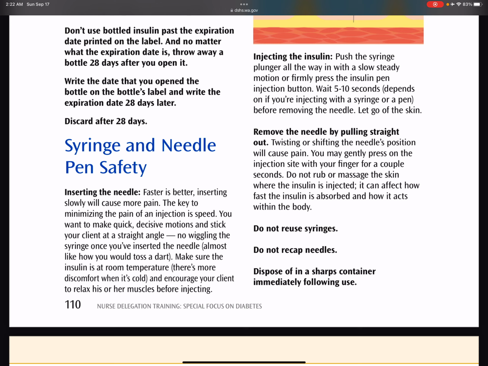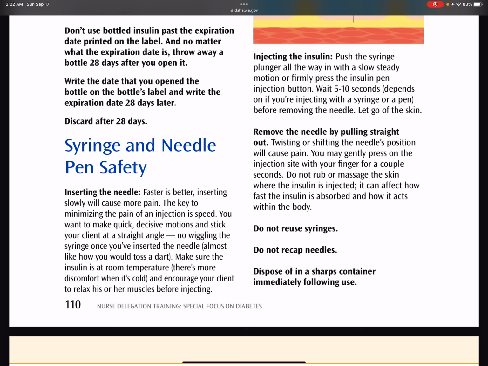When removing the needle, pull it straight out, because twisting or shifting the needle position will cause pain. You may gently press on the injection site with your finger for a couple of seconds, and do not rub or massage the skin where it was injected. That can affect how fast the insulin is absorbed and how it acts within the body.